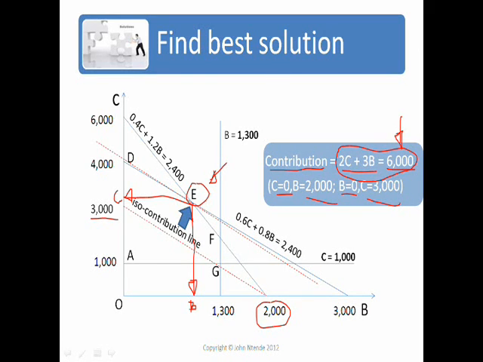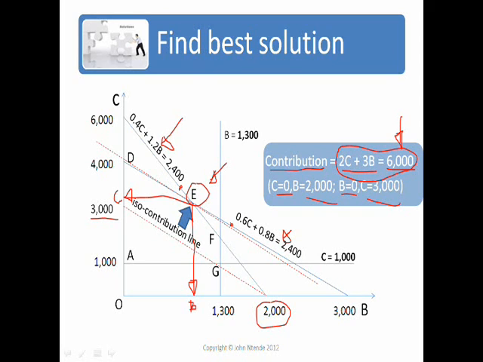But we can also calculate by solving two simultaneous equations, this equation here and this equation here, because point E is the intersection of this line and this line.